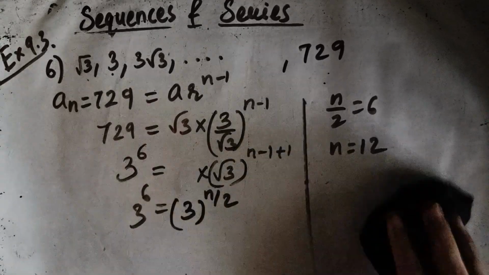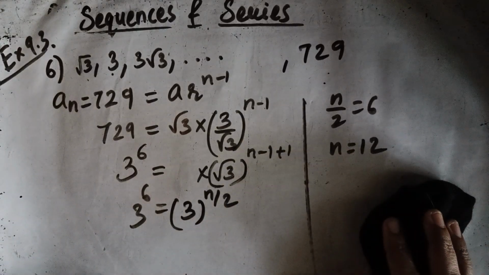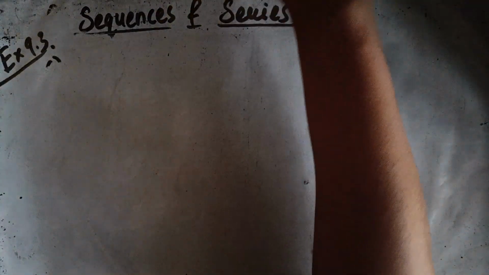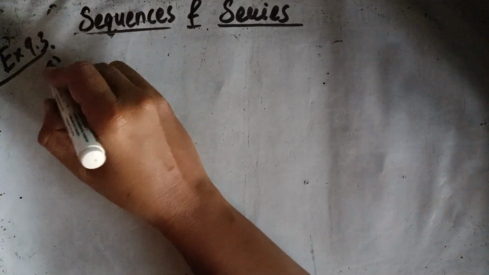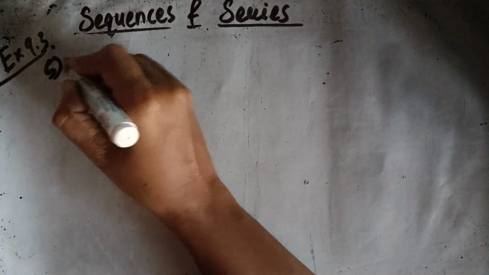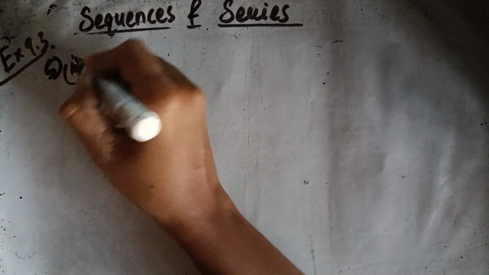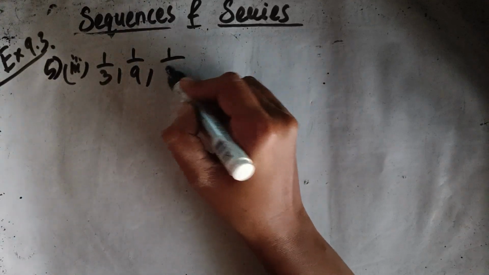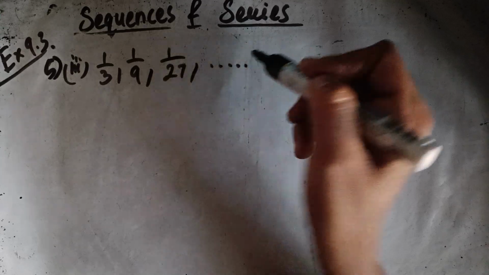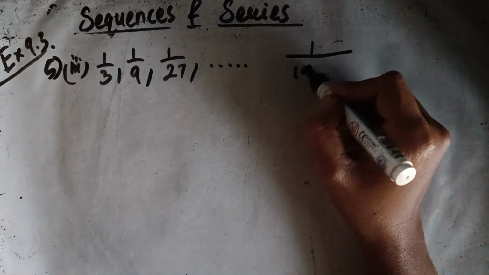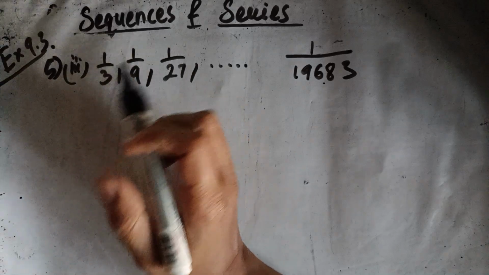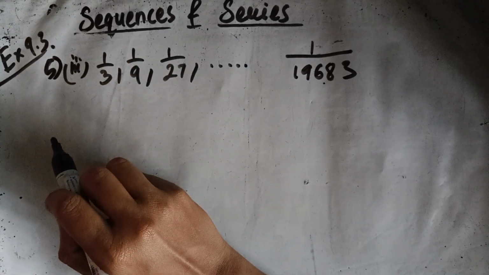Next sequence is 1 by 3, 1 by 9, 1 by 27. So we have to find which term is 19683. A is there, r is also there.